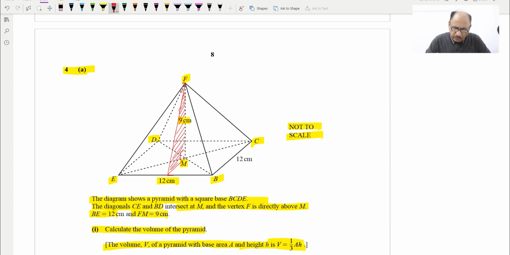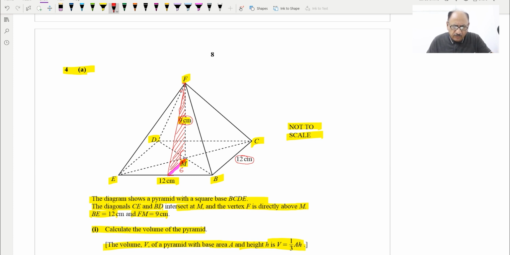Because this side is 12, this one will be 6. So we write here this side will be 6, and this perpendicular is already given as 9.